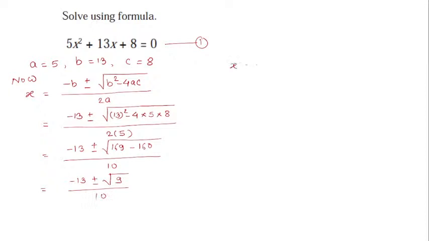So here x is equal to minus 13 plus or minus square root of 9 is 3 divided by 10. Now it's time to split it out. So x is equal to minus 13 plus 3 divided by 10, or x is equal to minus 13 minus 3 divided by 10.